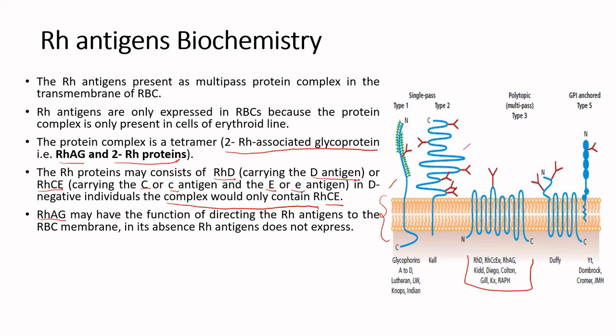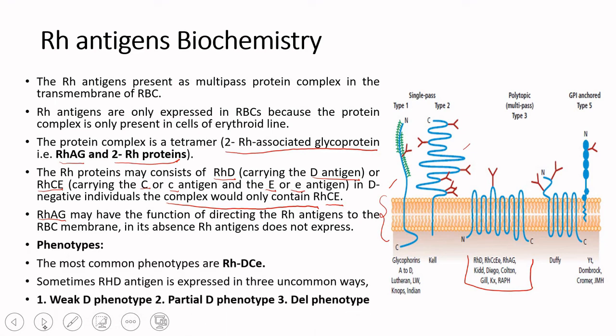That is the function of the RHAG protein. But sometimes if it is absent due to mutations or any other cause, then in such cases those RBCs do not have Rh antigens. So this is the reason why RHAG is very much important.